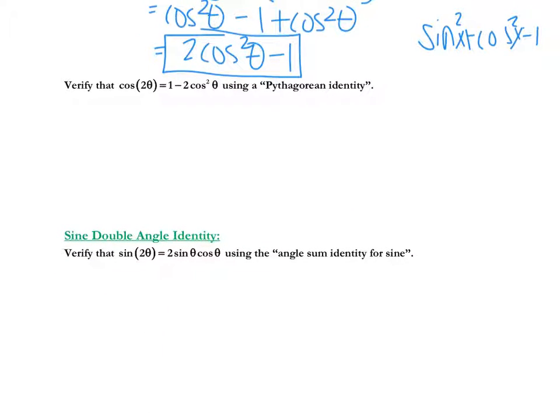All right, the last one we need to prove is that the cosine double angle equals 1 minus 2 cosine squared. Once again, we're going to use a Pythagorean identity. And actually, sorry, this is a mistake.